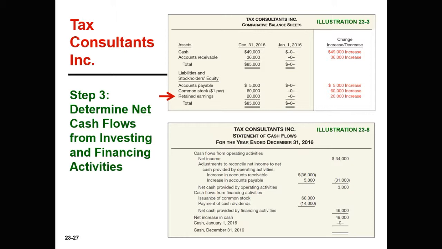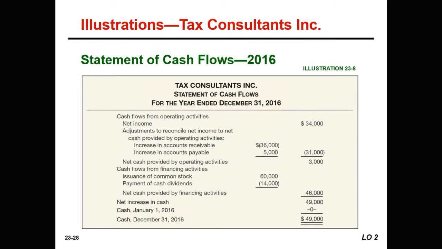Therefore, our financing activities resulted in a net cash provided by financing activities of $46,000 and a net increase in cash of $49,000. We post what cash was on January 1st, what cash was on December 31st, and that tells us what the change should have been. We true that to what our net increase in cash is, and we can tell if we have accounted for all things.